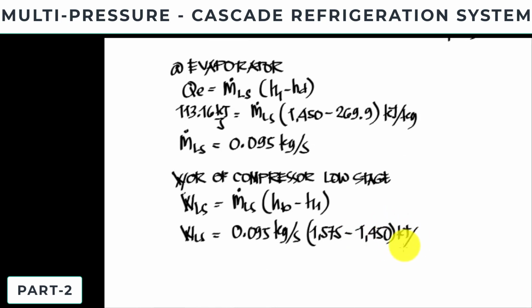So this is kilojoule per kilogram. So work at the low stage is equal to 11.875 kilojoule per second. This is watts.